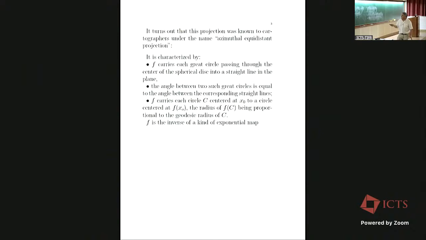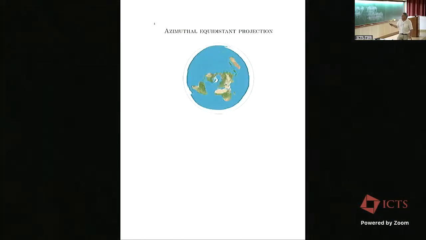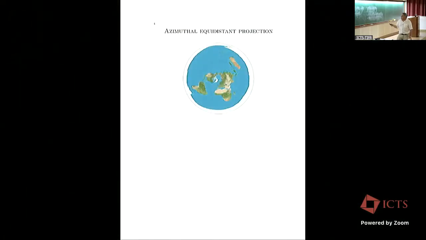And then he gives the example. It turns out that this construction of a geographical map was used by geographers for 300 years, in fact. It is the one called azimuthal equidistant projection. It is the one which is on the flag of the United Nations.